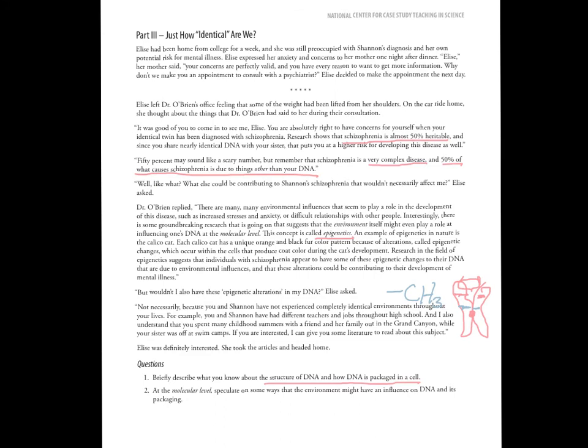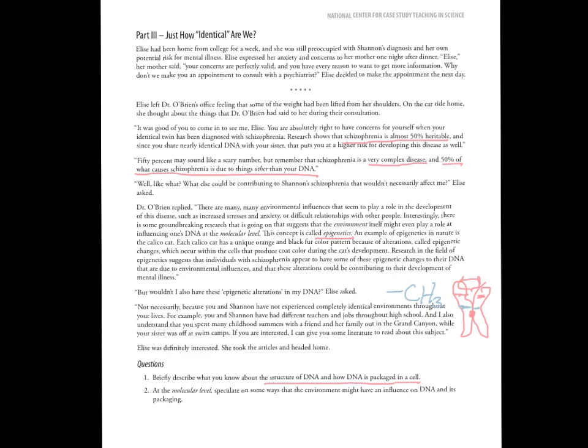So if someone has a gene here, let's say these two sisters share this gene, and if it's methylated or changed in some other way, that then activates a series of biochemical steps that leads to something called schizophrenia, or could lead to any number of diseases.